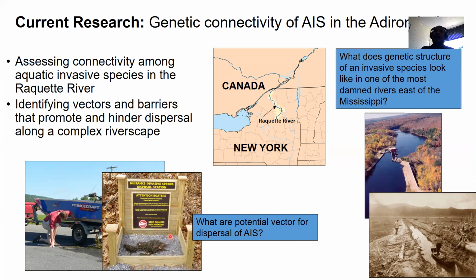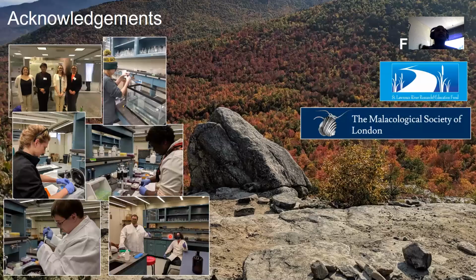So on one hand, we have potential anthropogenically mediated gene flow, and then we have anthropogenic dispersal barriers. So trying to disentangle the connectivity patterns of invasive snails in this type of environment is something that we're really interested in and really excited about doing over the next couple of years.